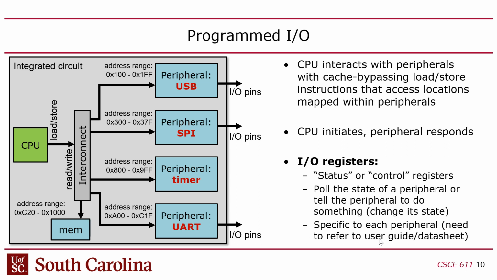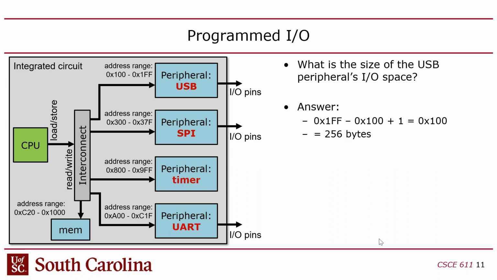But that terminology is a little antiquated, and not everyone still uses it. In fact, a lot of these registers you can read or write, so you can treat it like a status or a control register, but that's just a terminology thing. Okay, so each one of these is going to have a range of addresses that corresponds to how I address it with my load or store instruction.